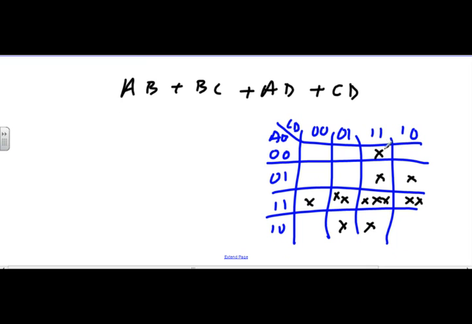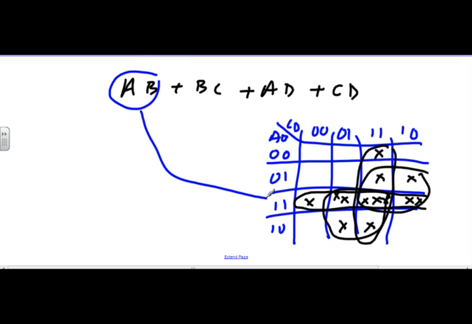All right, so I see the CD, I see that guy, this guy, and that guy, which are the same guys that I have already. The Karnaugh map did me no good at all. So I could not simplify it any more using a Karnaugh map than I already did. Here's AB sitting right there.